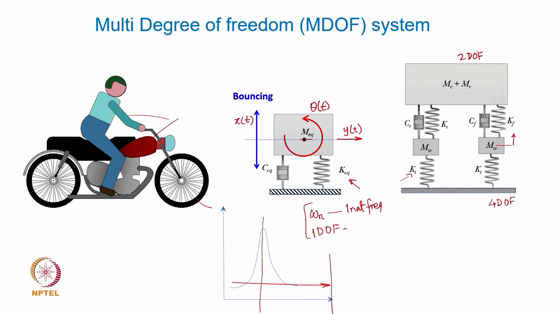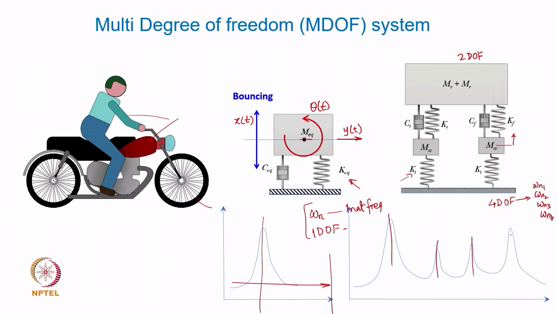Okay, what happens when we have a 4 degree of freedom system? There would be correspondingly 4 natural frequencies, omega n1, omega n2, omega n3, omega n4, and corresponding to each of these natural frequencies you can expect resonances occurring, okay.